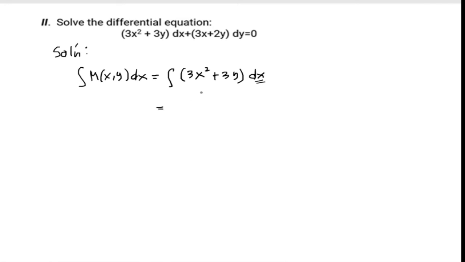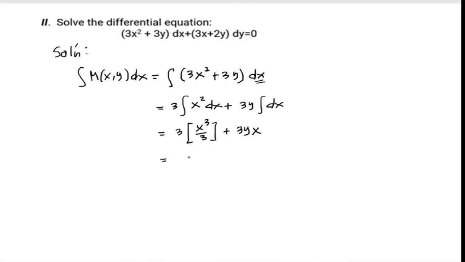Again, I'm going to write this into two integrals, and the constant will be written outside the sign of integration. So we have 3 integral of x squared dx plus 3y integral of dx. This is 3x cubed over 3 plus 3y integral of dx is x. So our answer here is x cubed plus 3xy.